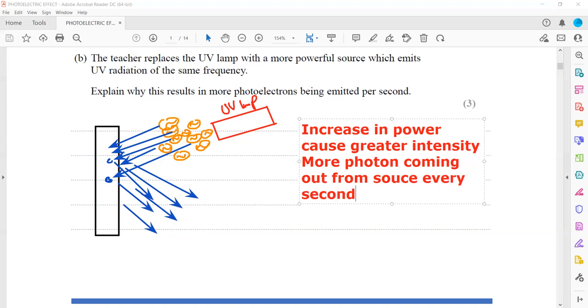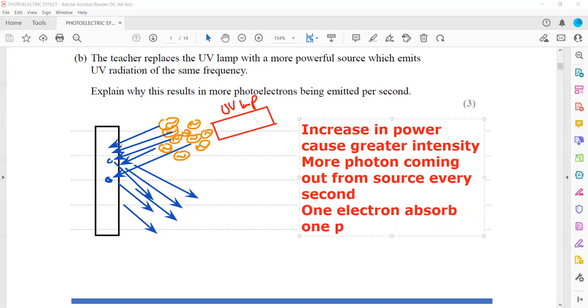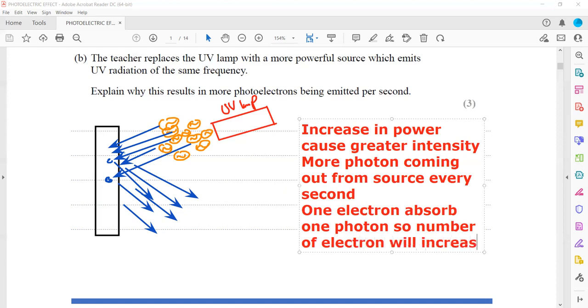So more photons are coming out from the source every second. And as a result, one electron absorbs one photon, so the number of electrons will increase.